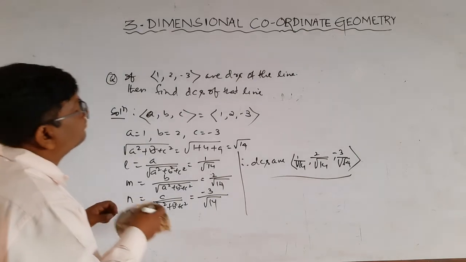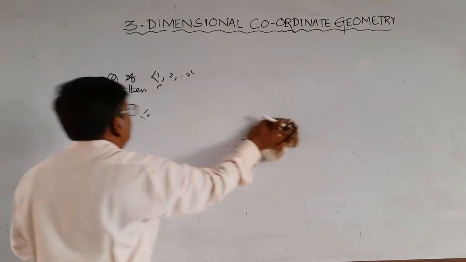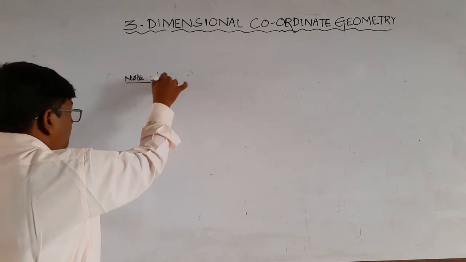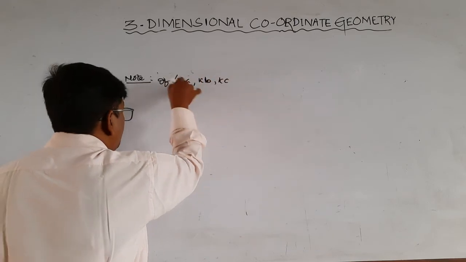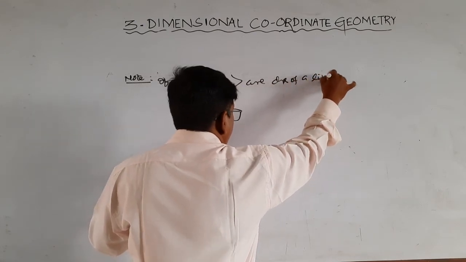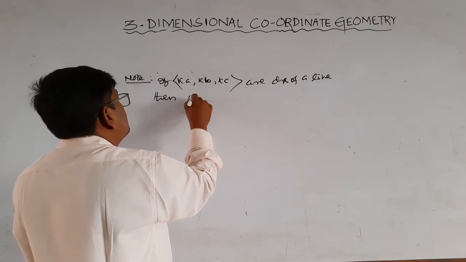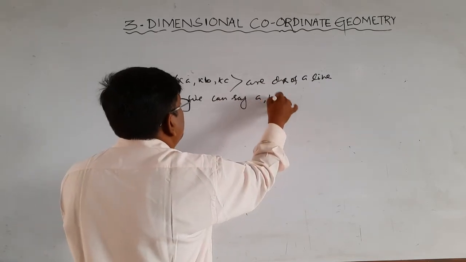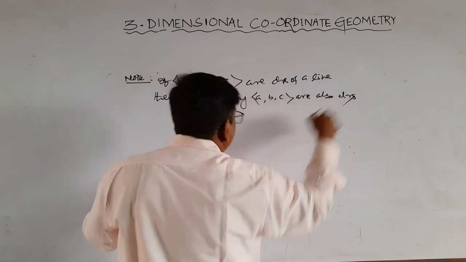Now some notes. If ka, kb, kc are DRs of a line, then we can say a, b, c are also DRs.